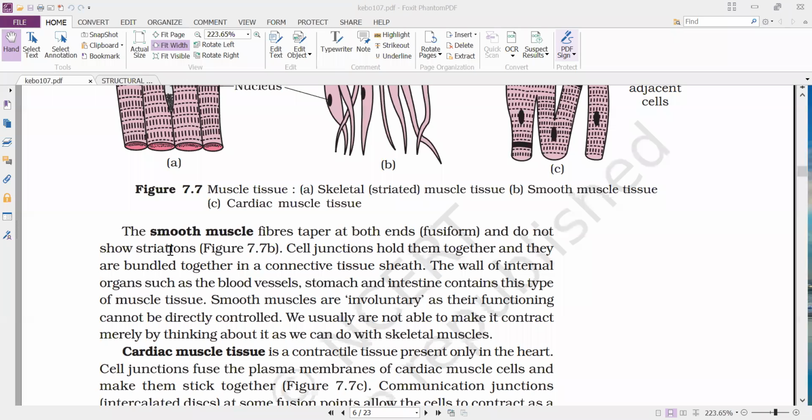When you observe the digestive system, up to the swallowing of the food, you are able to know. Once you swallowed the food, once the food enters into the esophagus, what is happening from the esophagus onward, we don't know.